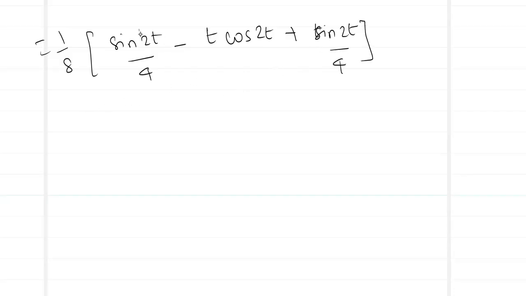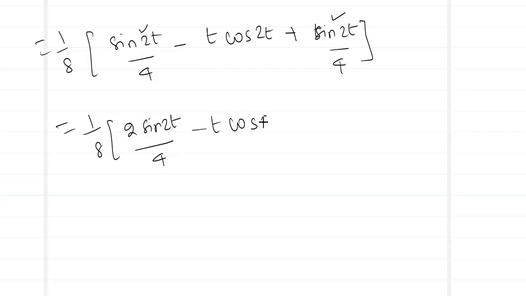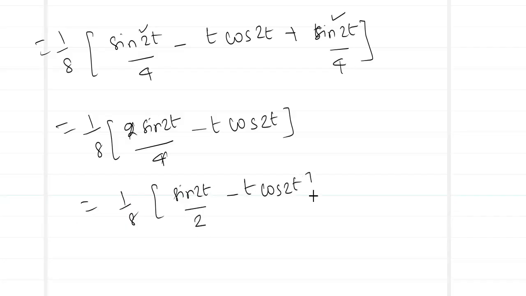So now this sine 2t and this sine 2t can be combined to give 2 sine 2t by 4 minus t cos 2t. Now this can further be simplified to 1 by 8 times (sine 2t by 2 minus t cos 2t).